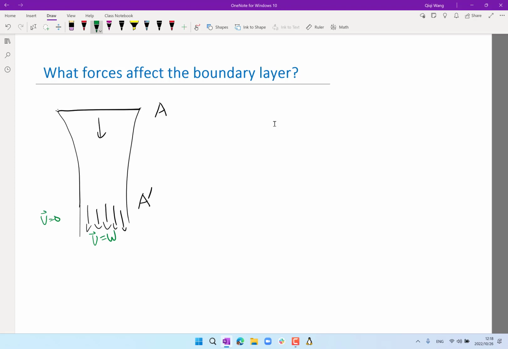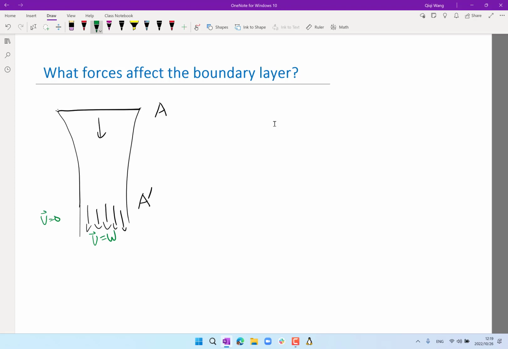Where do the vortices go? It goes down, right? So after it being shed over here, eventually where does it end up? It goes down, right?